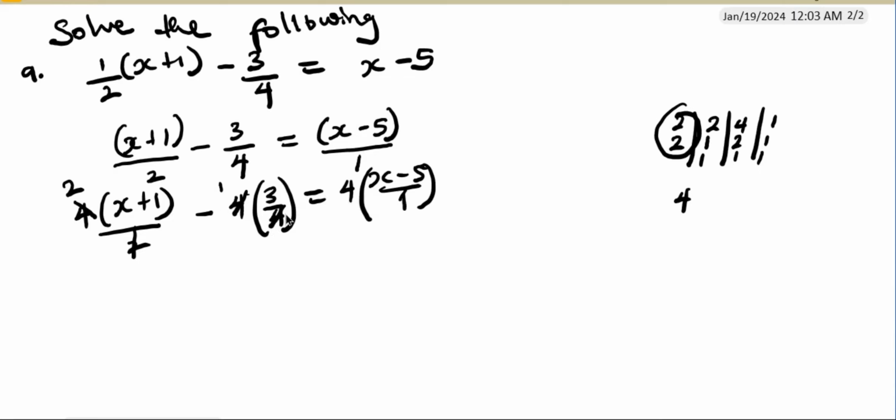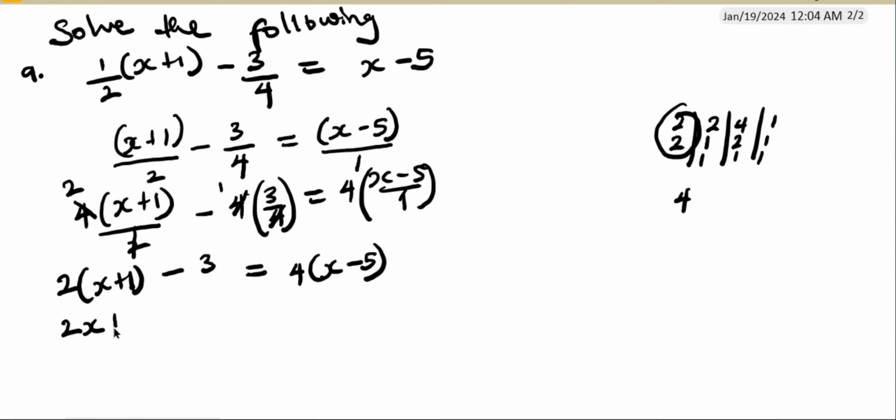Then 1 cancel 4 will still give us back our 4. So what do we have? We have 2 into x plus 1 minus 3 equal to 4 into x minus 5. So that will give us 2x plus 2 minus 3 equals 4x minus 5.